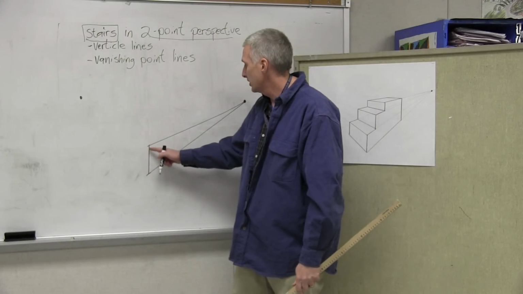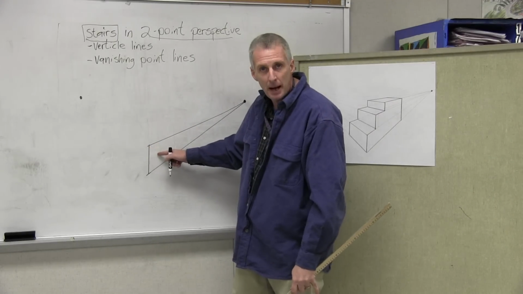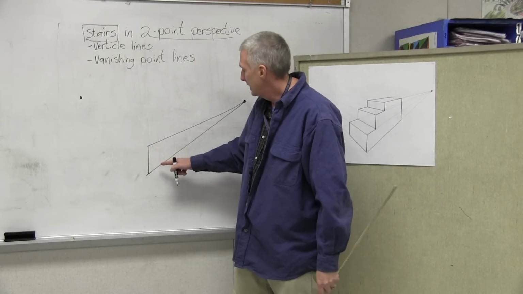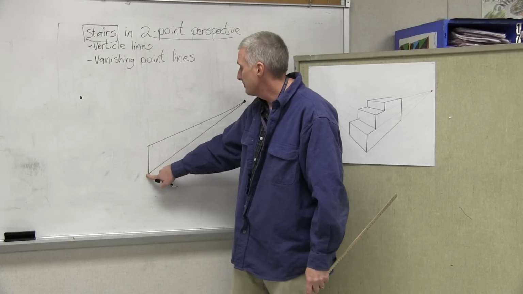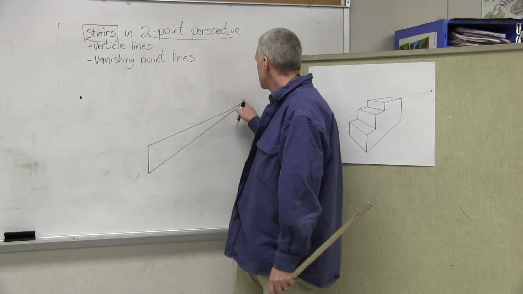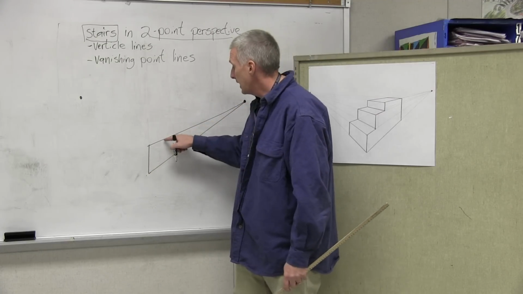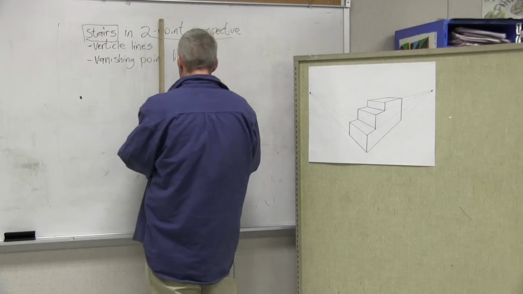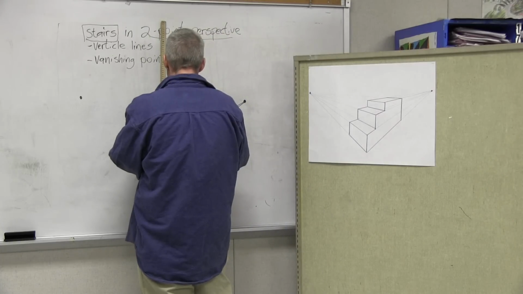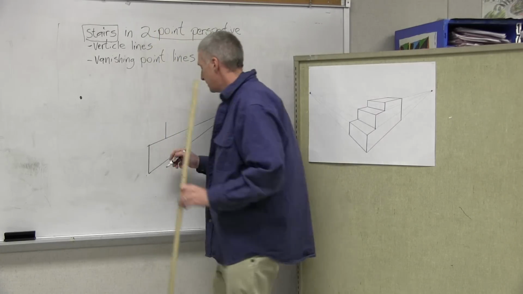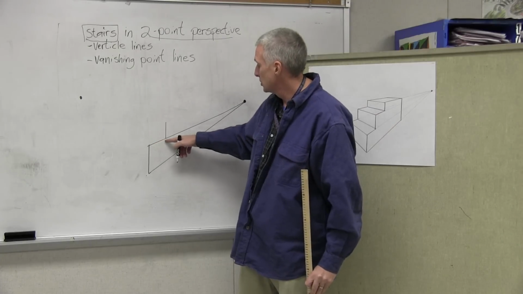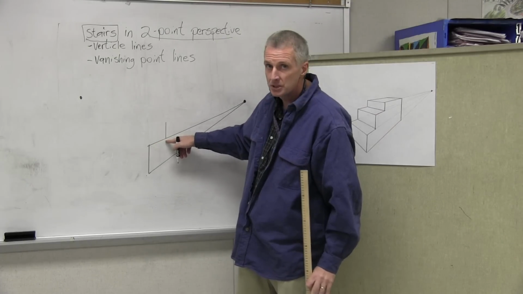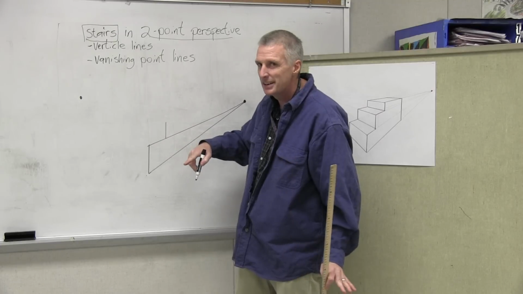So I have my vertical, which is the corner of the bottom step that's closest to you, and I have my guidelines going back here. The guideline is going to help me know where to put the center line of the second step. So I just randomly chose a place along here. There's a way to more precisely measure this, but I'll show that in an addendum.